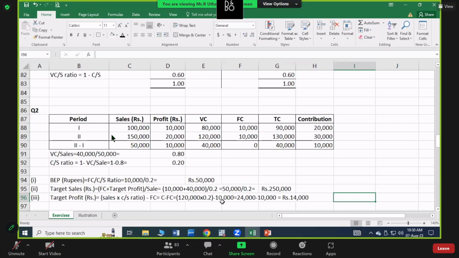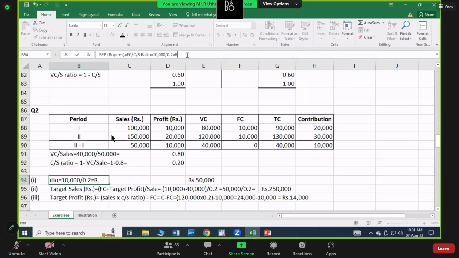So the working substitutions result in 24,000 contribution minus 10,000. So you can apply this as the basic formula and get an answer.